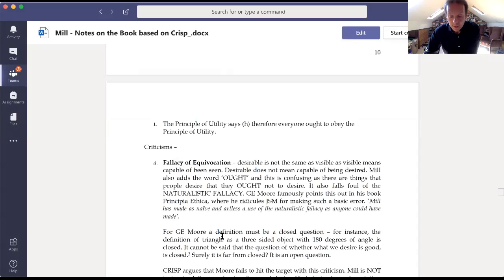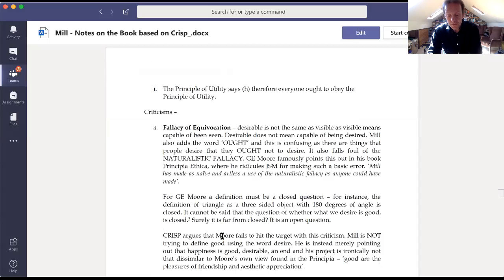Now, there are various problems with this. One is equivocation. What do we mean by good? Now, G. E. Moore, you'll be familiar with the naturalistic fallacy. He says, if you point to something in nature and you say, this is good, like you say, pleasure is good, pain is bad, then you're saying those two things are equivalent.